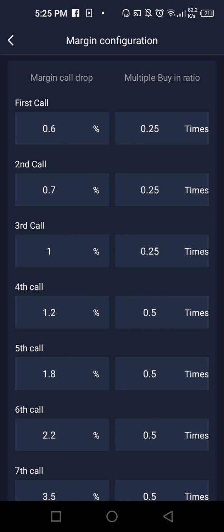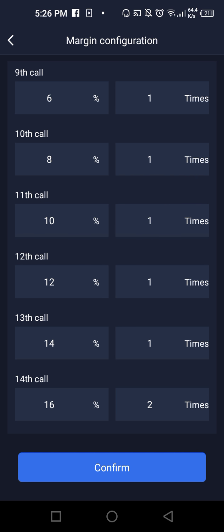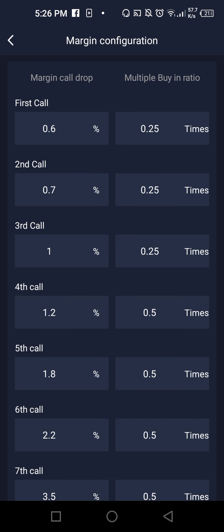So the next thing is the percentage call margin. As you can see here, I actually opened 14 different call margins, 14 different expected positions to be taken. So once the price dips by 0.6%, just as it is here, everything you see here is what the bot is going to do following the percentage you have.